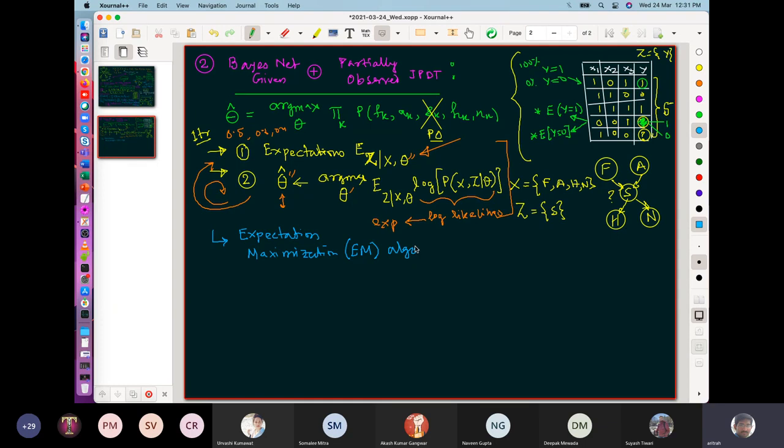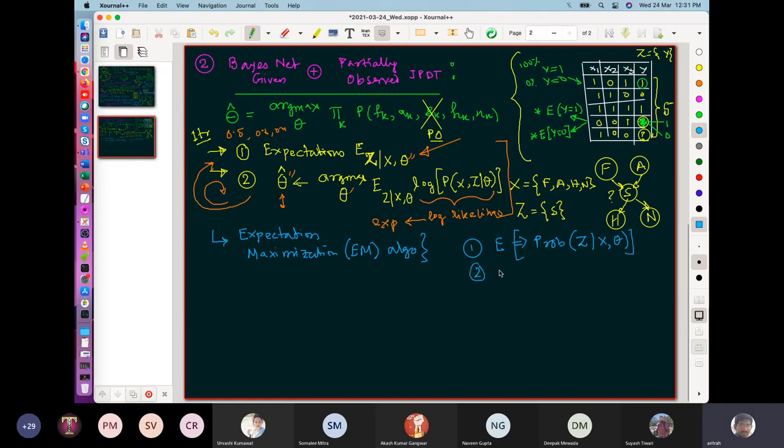Okay, so now I would like to draw some of the mathematical notions of it. What we do is that step 1 is nothing but calculating the expectation, that is, the probability of the unobserved variable given x and theta, and calculating the expectation of that.